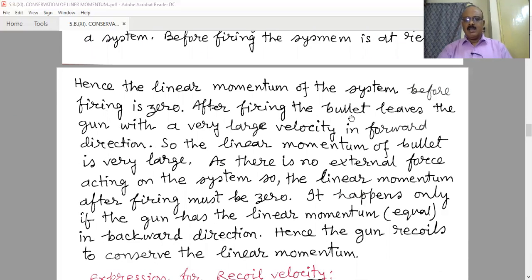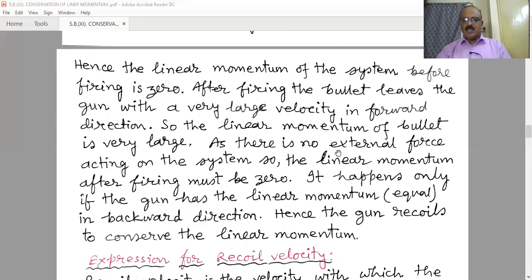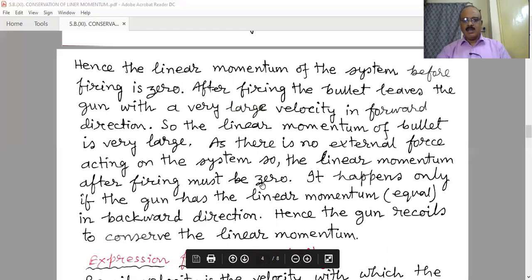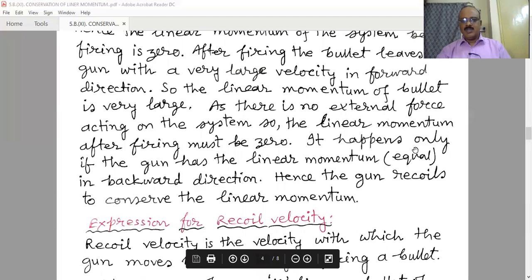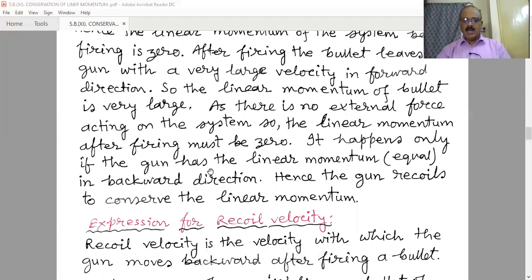After firing, the bullet leaves the gun with a very large velocity in the forward direction. So the linear momentum of the bullet is very large. As no external force acts on the system, the linear momentum after firing must be 0. It happens only if the gun has linear momentum that is equal and in the backward direction. Then the gun recoils to conserve the linear momentum.